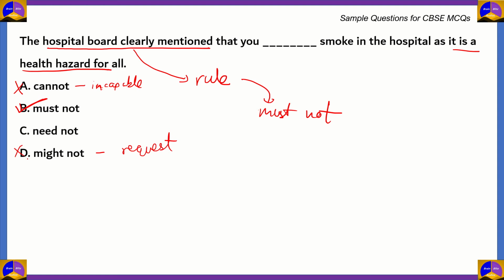But again, with such a health hazard as smoking, you need to put your foot down and say that you must not smoke here. So therefore option D is also incorrect. Option C says need not, and that means that smoking in the hospital is not a necessity, is what would be the rule if you use the word need not, which is incorrect. The thing is that you must not smoke in the hospital because it's a health hazard for all. So option B is the correct option.